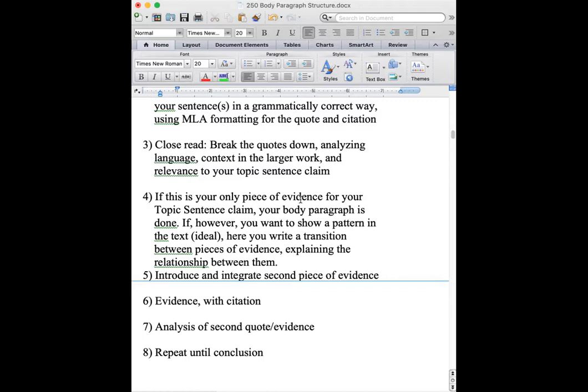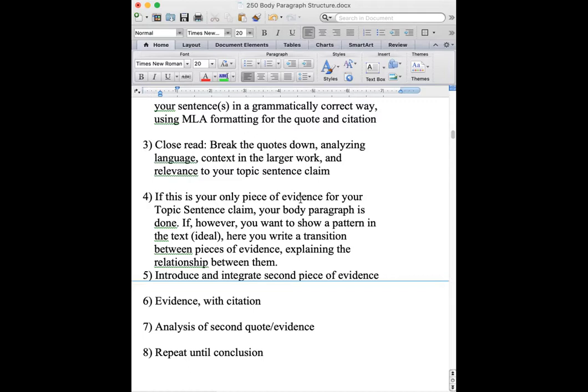But you do really want to think about how much space each part of your argument is taking, and is it commensurate with the value of that part of your argument to your larger overall argument in your paper. Okay, I hope that made sense.